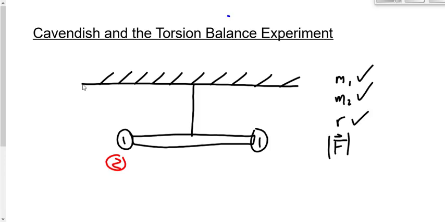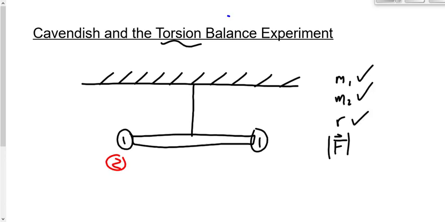You would know by experiment the torsional properties of that swing set, the twisting or the torsional properties. Well, Cavendish would have known the torsional properties of that string. And then when he brings mass 2 nearby mass 1 and causes mass 1 to come towards mass 2, causes the string to twist, he would have measured the value of the force by looking at how much the string twisted.